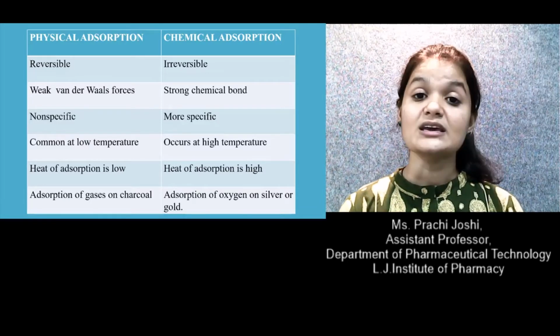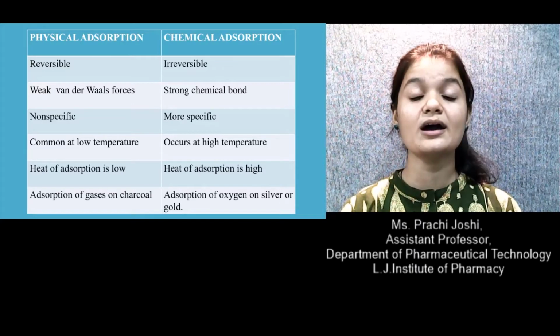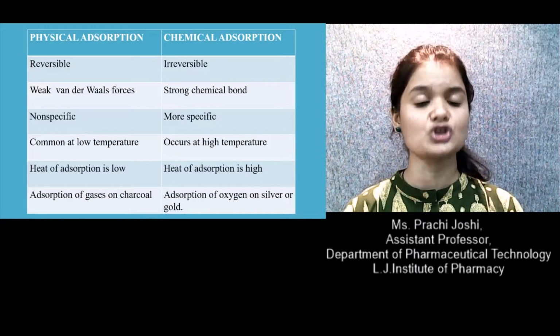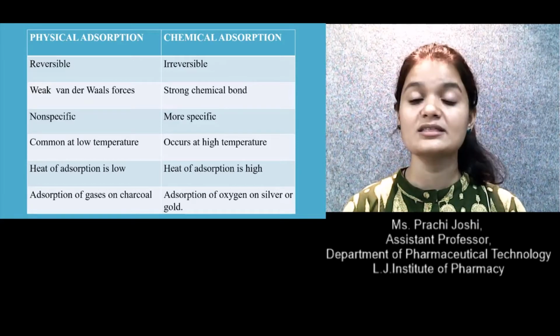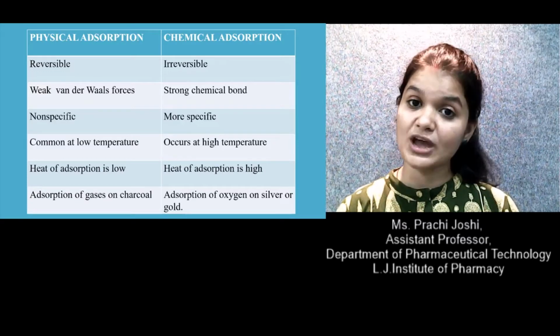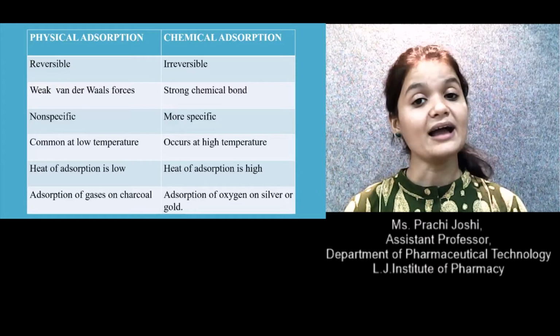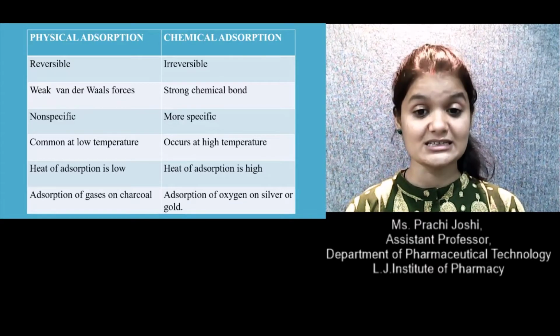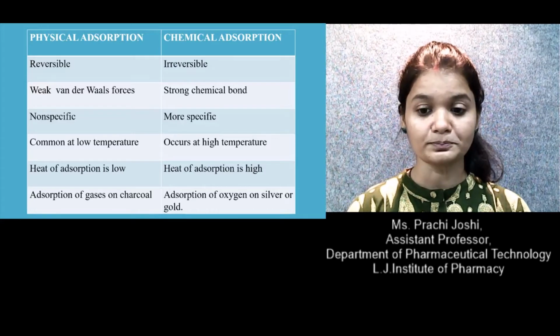The heat of adsorption is very low in physical adsorption, while it is higher in chemical adsorption. An example is adsorption of gas on charcoal; in chemical adsorption, you can take adsorption of oxygen on silver or gold.